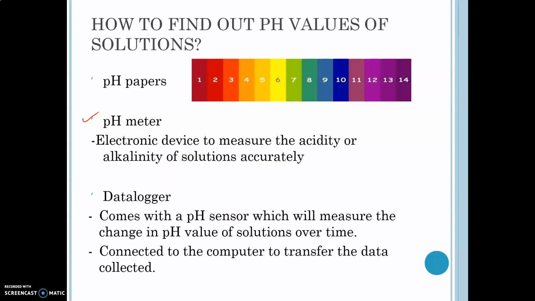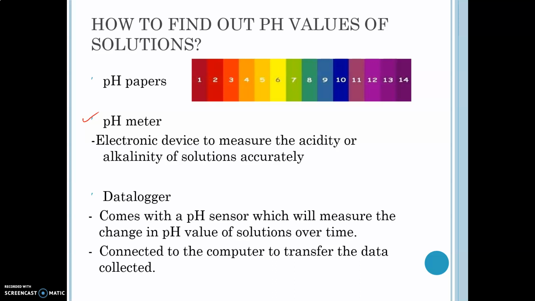All you have to do is add the substance and it shows you the number, and according to the number, if it's less than 7, you can tell if it's acid and if it's strong or weak, or likewise if it's base.